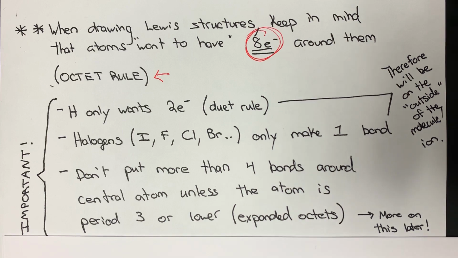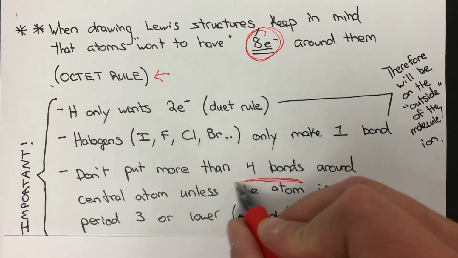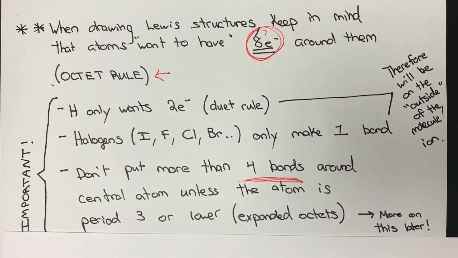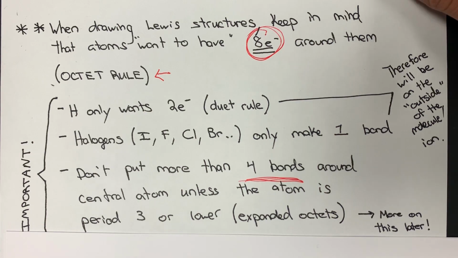Towards satisfying the octet rule, central atoms can only ever have 4 bonds, or 8 electrons, given that a bond is composed of 2 electrons, unless that atom is in period 3 or lower. We will see some examples with what are called expanded octets, where we're able to get up towards 10 or 12 electrons around some central atoms.